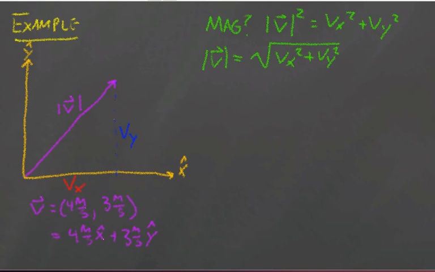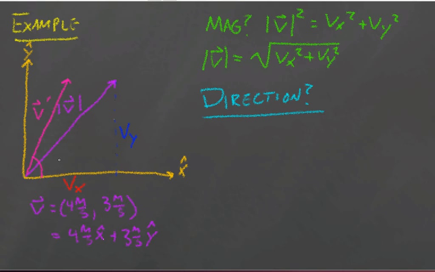Now what about the direction? Right, where's the direction in all this? Well, the direction actually comes from the components, right? This 4 is in the x direction, this 3 is in the y direction. Okay, so for example, let's say I cut the x component in half. If I do that, then I would have a new vector that went to here. We'll call it v prime.